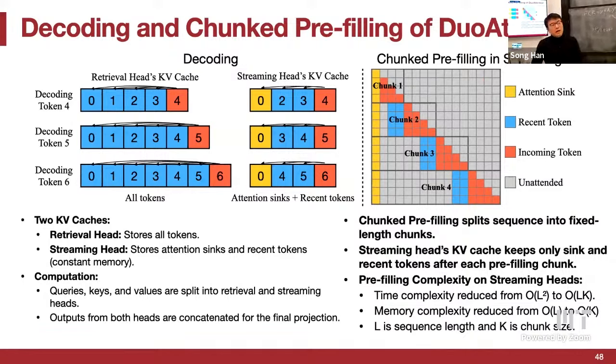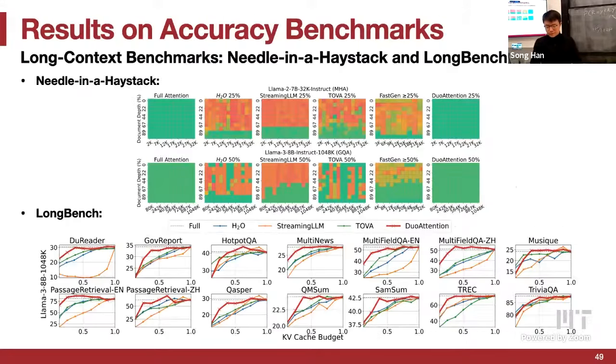And let's see, in practice, how many of the attention heads could be categorized as streaming heads. The more streaming heads, the more we save, right? So we hope the percentage of streaming heads could be as high as possible.